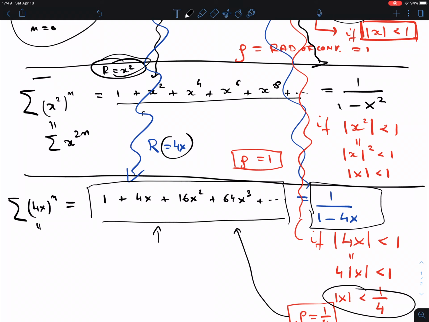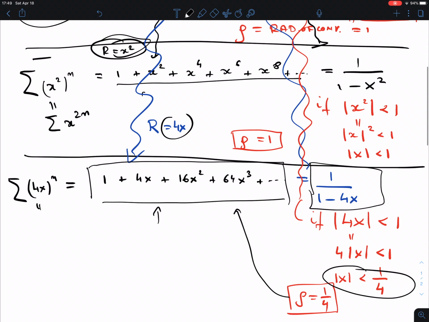If I want to separate the power of x, then it would be summation 4 to the power n, x to the power n. Now each of these power series, this one or this one, you could go do the ratio test on and find out what the range of convergence is, and you will get exactly what I just said. Okay, great.